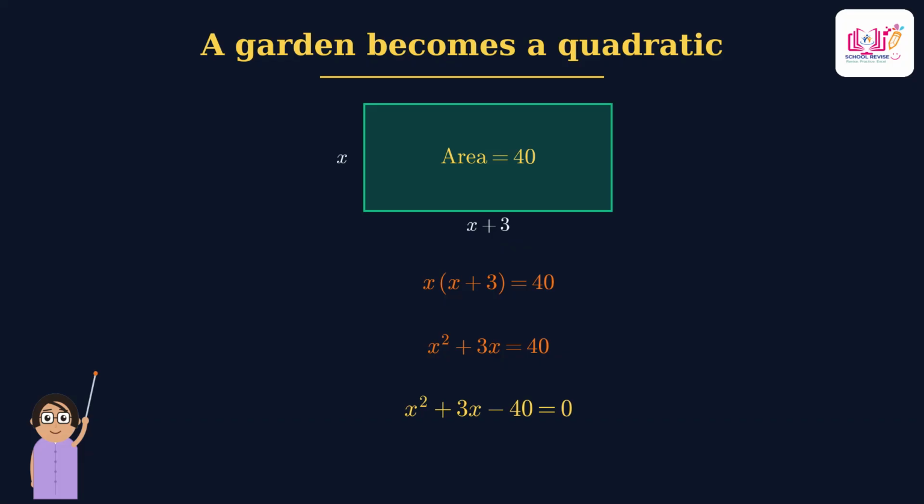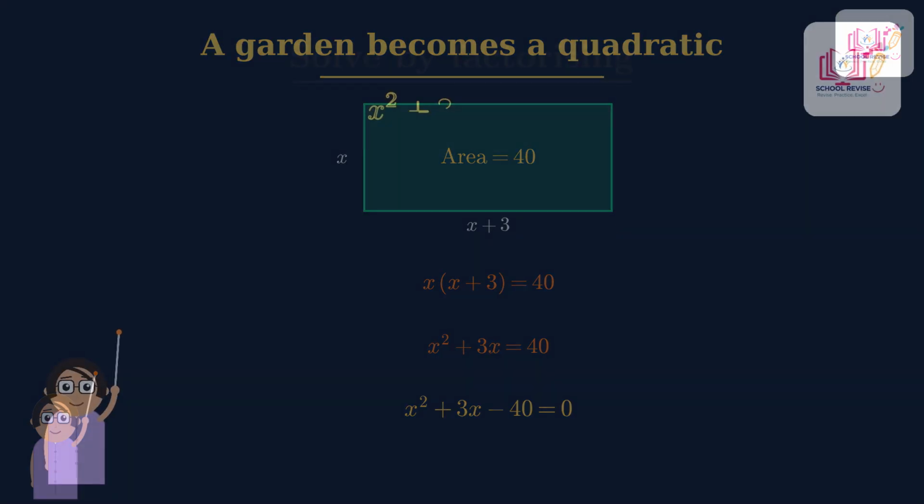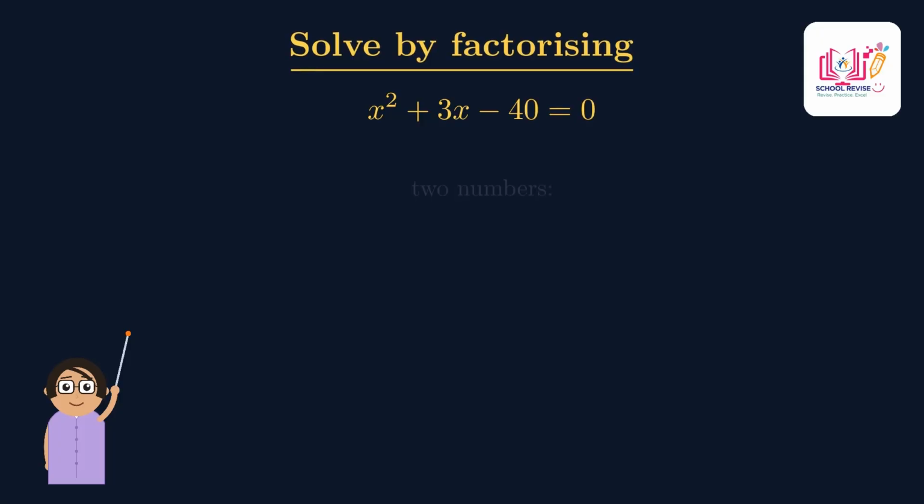Now, can we find the sides? Here's the idea behind factorizing. Split the middle. We need two numbers that multiply to minus 40 and add up to plus 3. Think. 8 and minus 5. 8 times minus 5 is minus 40. 8 plus minus 5 is 3. Perfect.